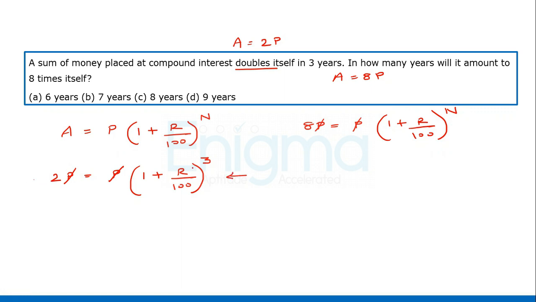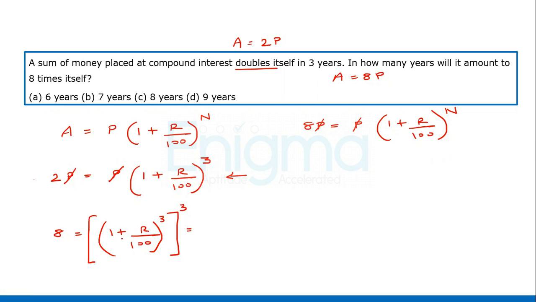Now if we take the cube on both sides, we'll get 8 on the left hand side because 2 cube is 8. So 2 cube is 8 is equal to 1 plus R by 100 raised to 3 and whole raised to 3.